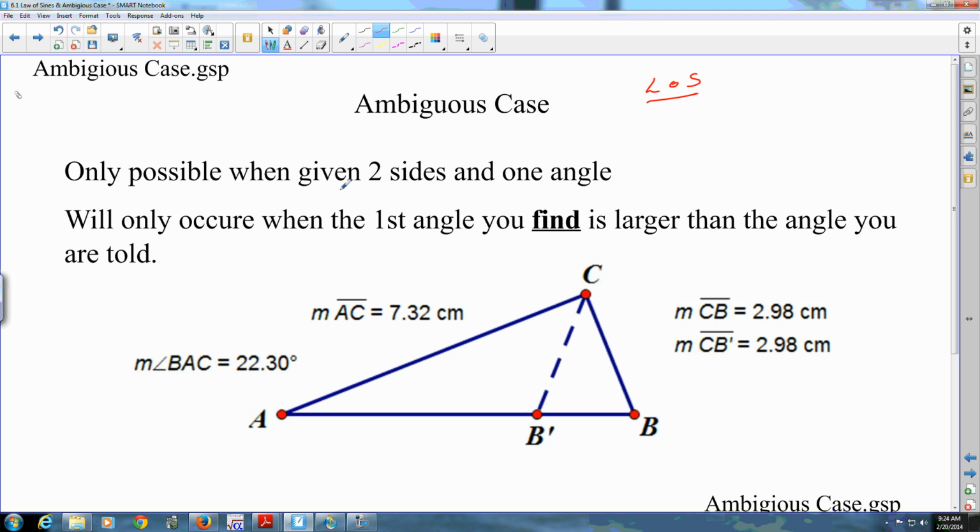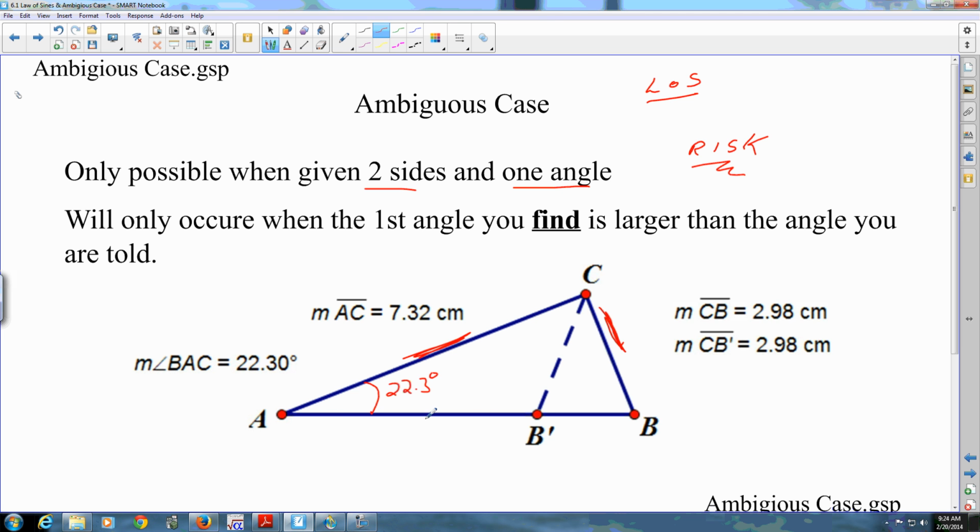What's going on is when you're told two sides and one angle, there's going to be a risk that you could actually have two separate triangles that form with the given information. So here you're told this angle is about 22.3 degrees. This side is the 7.32, and this side you're told is about 2.98.